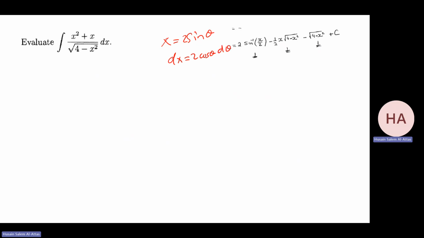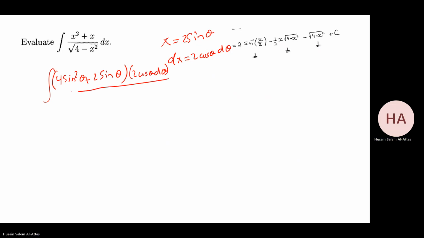See what will happen. This one will be what? 4 sine squared theta plus 2 sine theta times 2 cosine theta d theta over 2 cosine theta. Cancel, cancel.